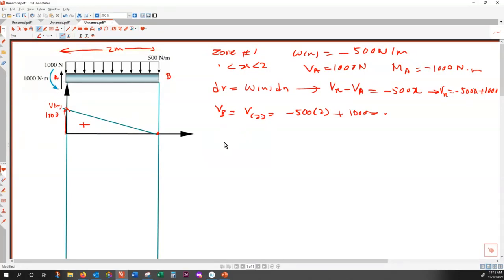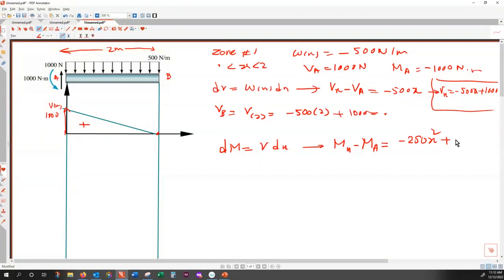So what about M? That is dM equal to V dx, and therefore M of x minus M of a is equal to the integral of V of x. So V of x is this one. What is this integral? That is minus 250 x squared plus 1000 x.